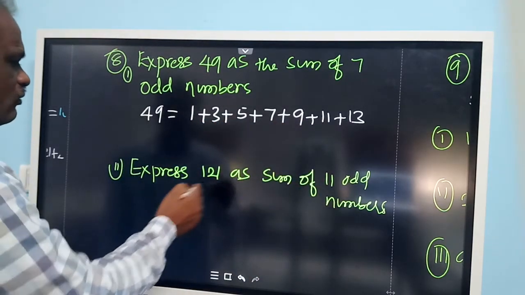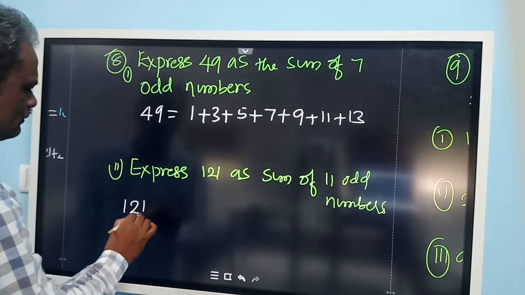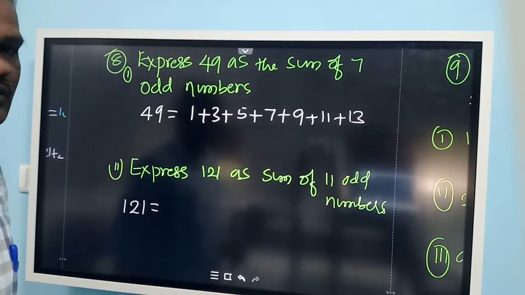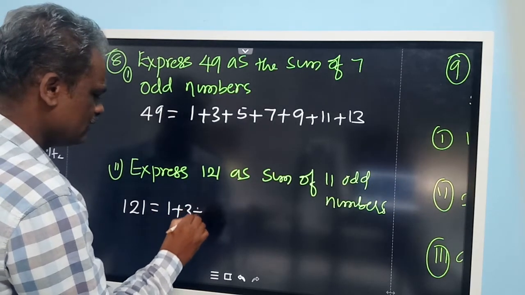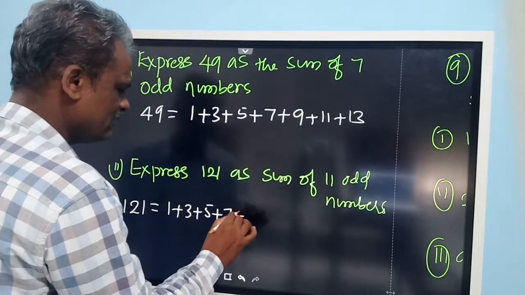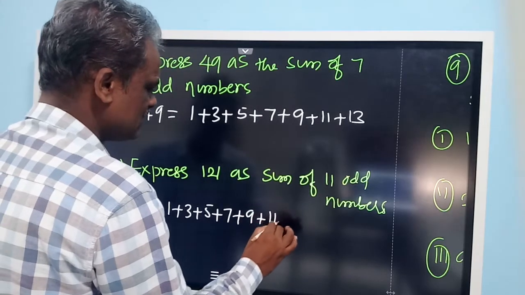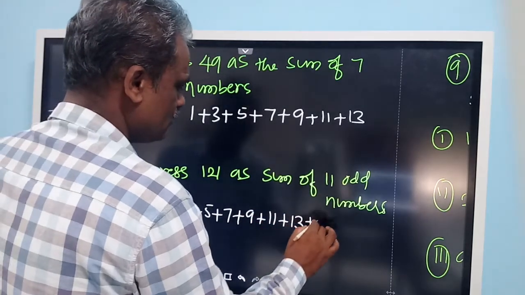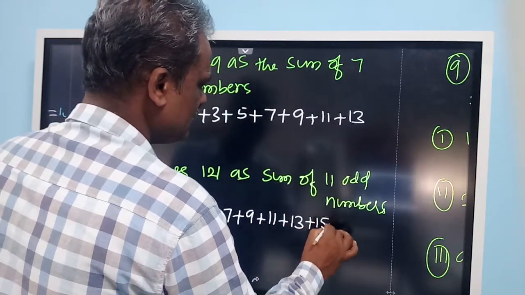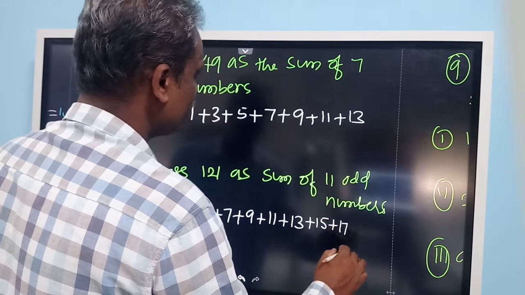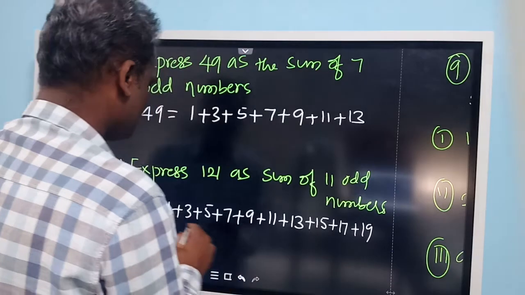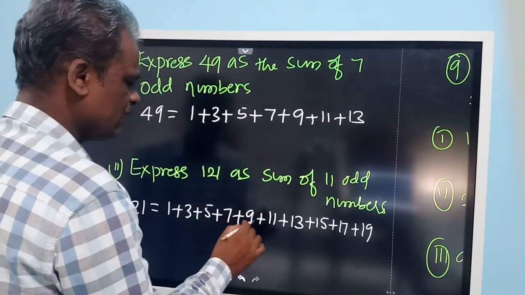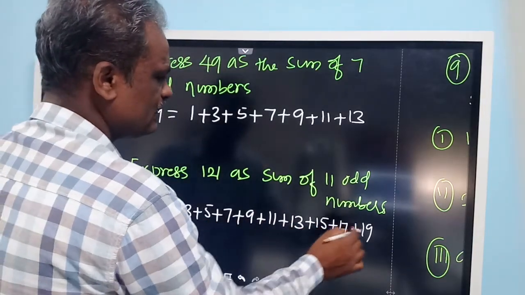Here 121 is a square number. It can be expressed as the sum of first 11 odd numbers. 1 plus 3 plus 5 plus 7 plus 9 plus 11 plus 13 plus 15 plus 17 plus 19. So how many? 1, 2, 3, 4, 5, 6, 7, 8, 9, 10.